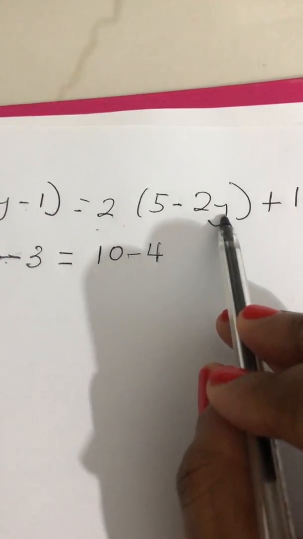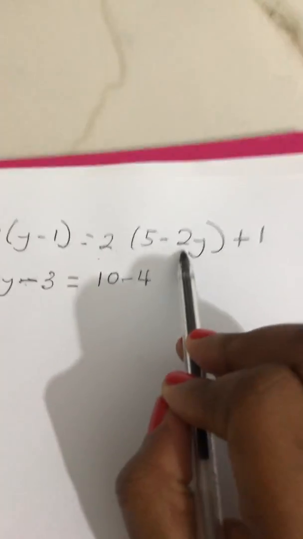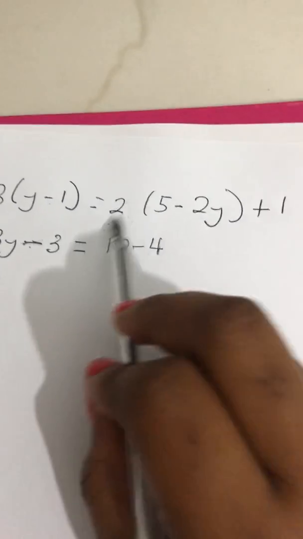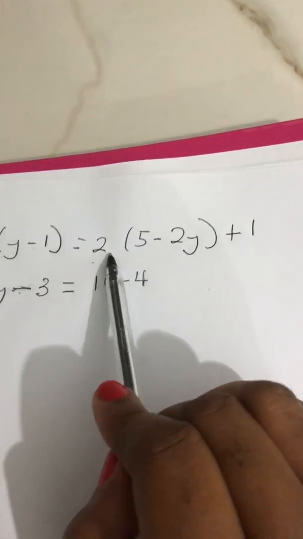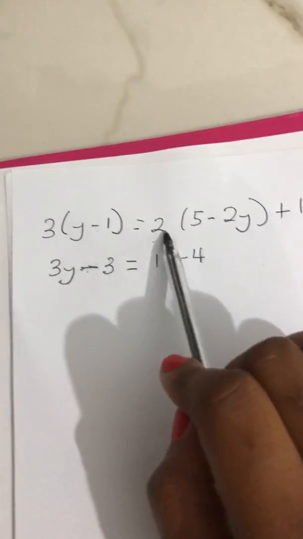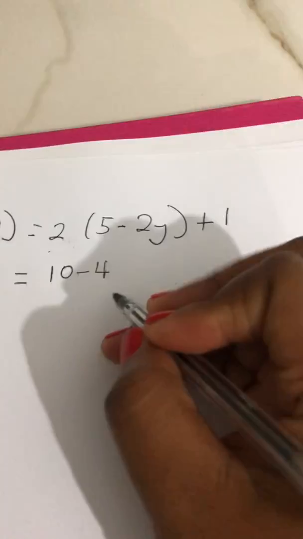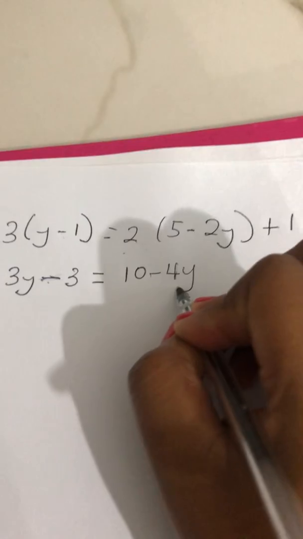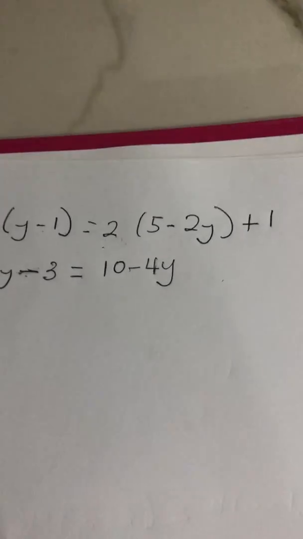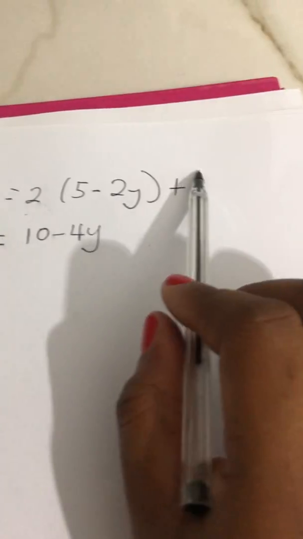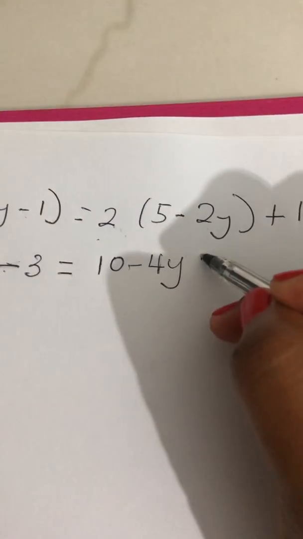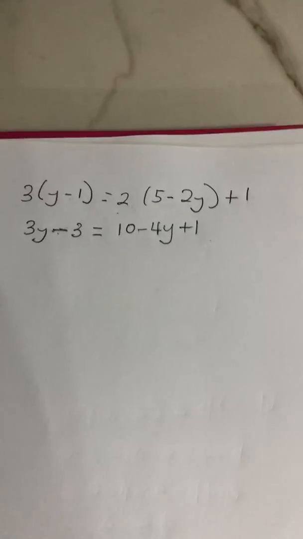And you know the variable: you can multiply a number with the coefficient and the variable, but you cannot add them. You can multiply 2 times negative 2y, which will give us a negative 4y. That is it. You are finished with this one. Then you just carry your plus 1 and bring it down here. Simple. Do you get it?